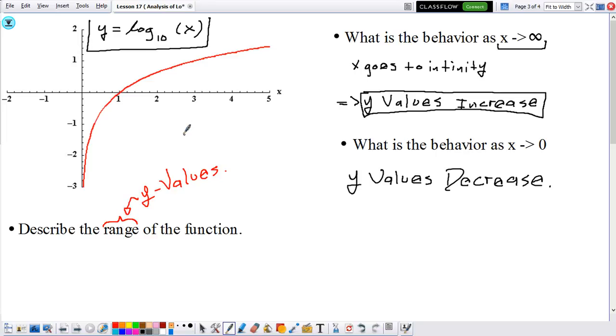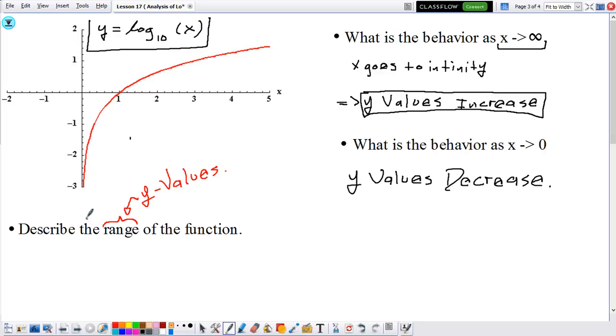Now notice that in x, you can only use positive x values here. And we established that on the previous slide. So now we're more concerned about the y values here. So we're going to look at the upper and lower section. So let's see. I'm increasing as x goes to the right, and I'm decreasing as x goes to the left.